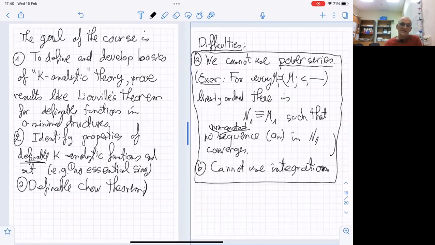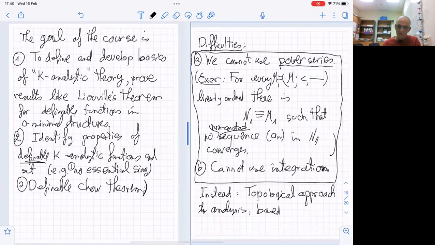Okay, and the alternative approach is something that we were lucky to discover in a small book by Wyborn, a topological approach to analysis, to complex analysis, which to a large extent is based on a beautiful book called Topological Analysis from the 60s, and actually based on papers of the group of people around Wyborn, probably students of Wyborn.